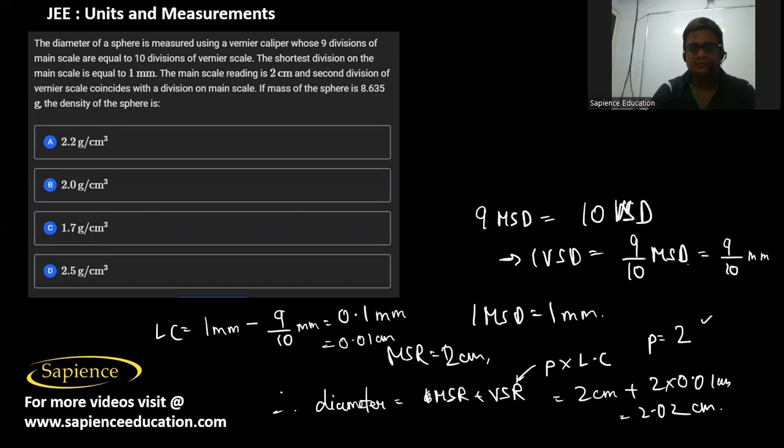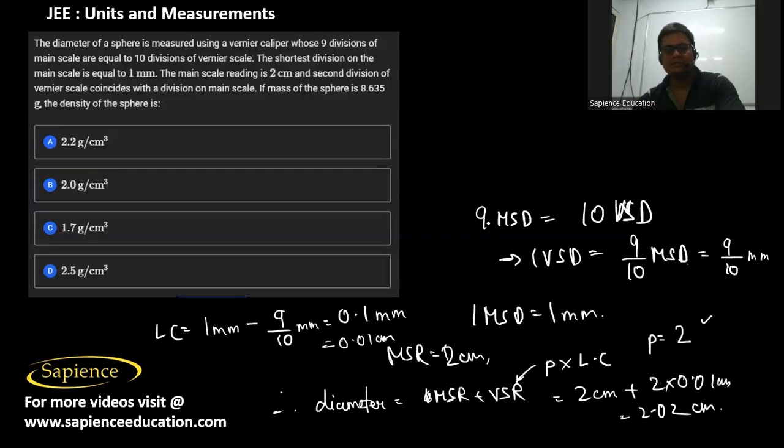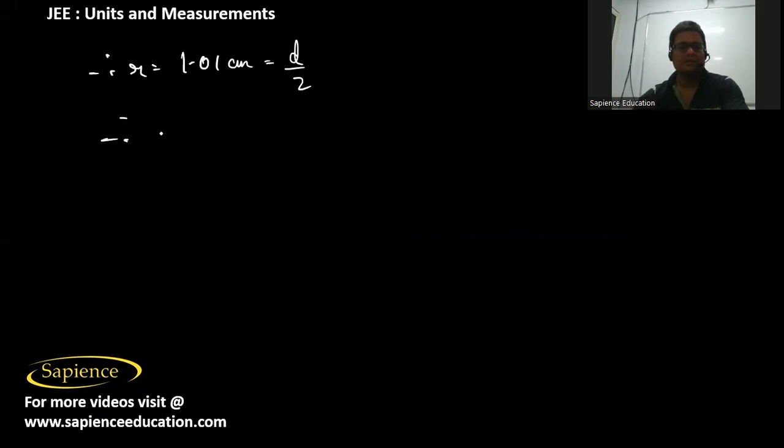So now the diameter is this, therefore the radius of the sphere is 1.01 centimeter, which is half of the diameter. Now the density of the sphere is mass by volume, and volume will be 4 by 3 pi r cube since it is a sphere.